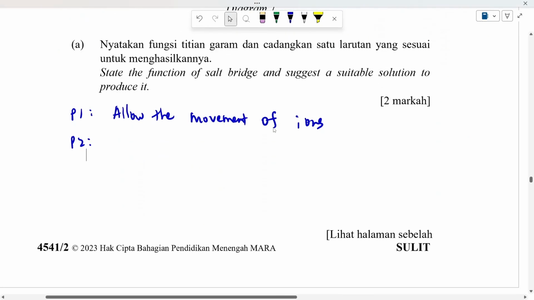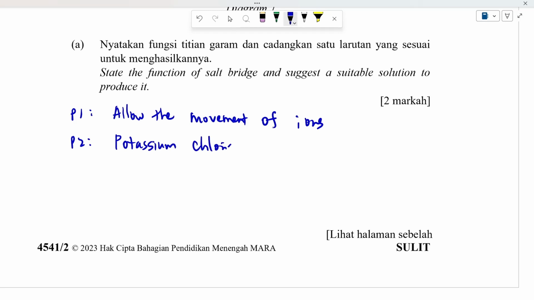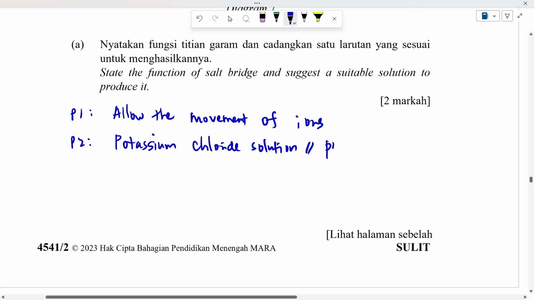Potassium nitrate can. What else? Potassium chloride solution, potassium nitrate solution. Sulfuric acid also can. So 2 marks.